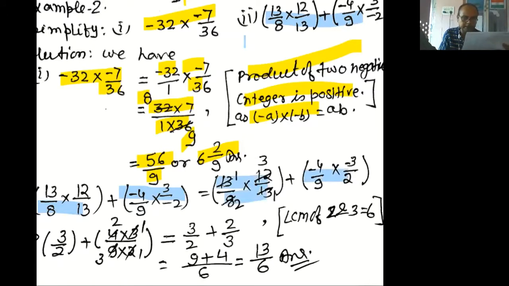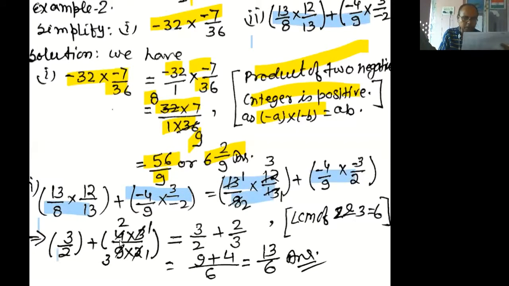Here we cancel the denominator and numerator by 4. 4 twos are 8, 4 threes are 12, 13 ones are 13. We get 3 upon 2 plus 4 into 3 upon 9 into 2. 3 threes are 9, 2 fours are 2 twos are 4, equal to 3 upon 2 plus 2 upon 3.